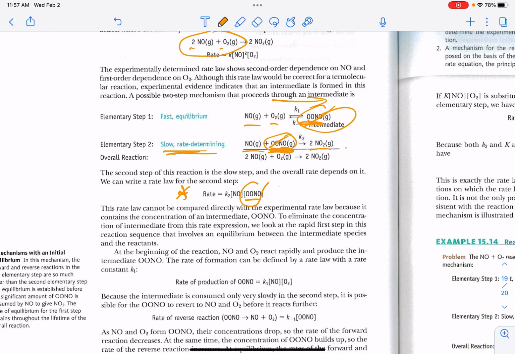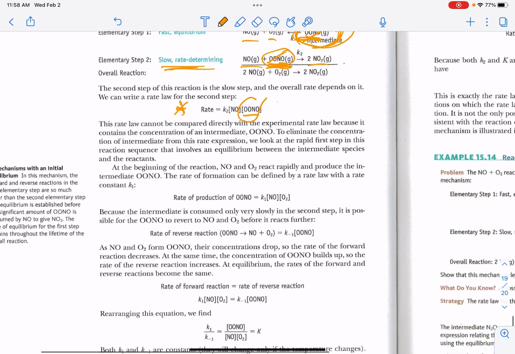But it can't go to the right because the OONO doesn't get used up fast enough. And so it creates a backlog. The assembly line has too many of these waiting to be used up in step 2. And so with too many of these to be used up, we set up a situation where we have equilibrium, that some of my products revert back into my reactants. And so step 1 ends up being in equilibrium.